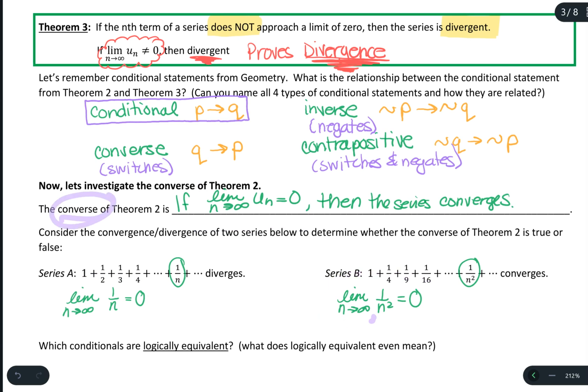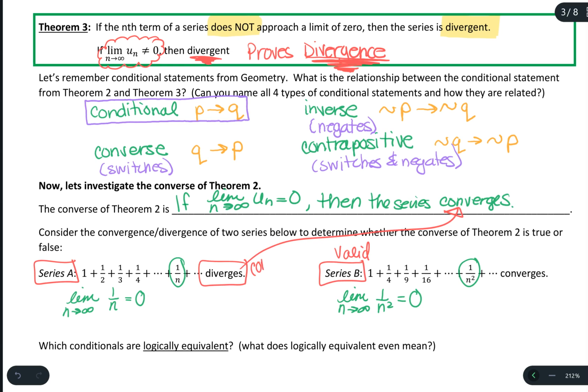Then the converse of Theorem 2 says that would mean that the series converges. Is that true for both series? No. The first series diverges, the second one converges. So series B, it works, but series A is a contradiction because it says diverges.